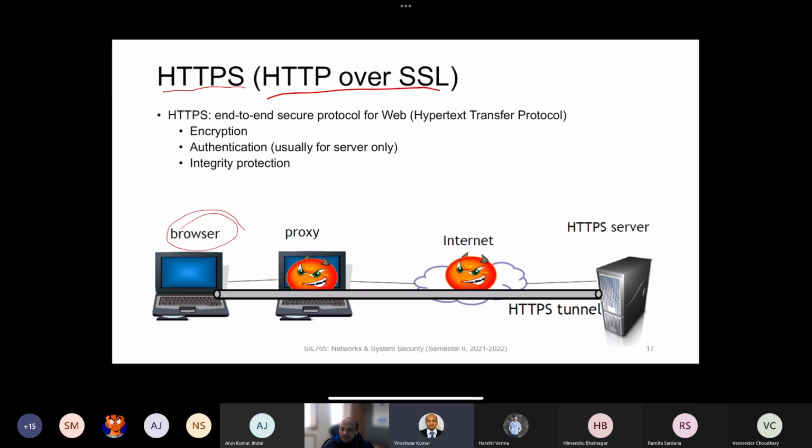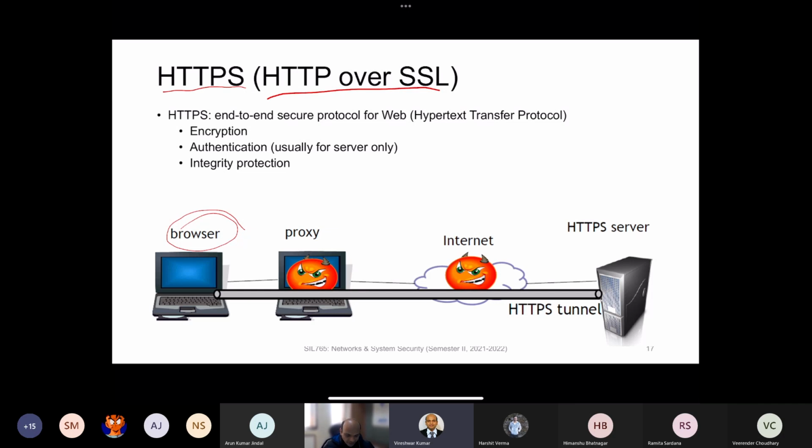So even in those scenarios, it is possible that you could securely access your email and securely access some particular website. And that has been possible because of TLS. So that was the motivation to introduce TLS.